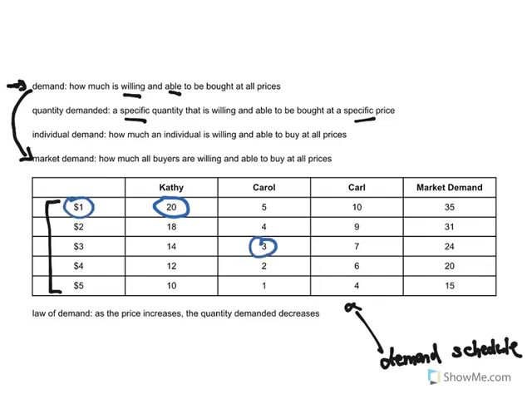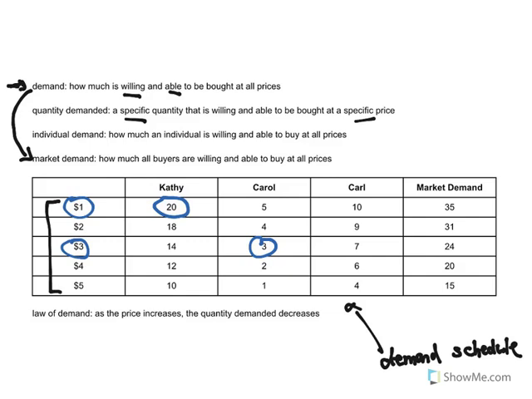Again, this 3 would also be a quantity demanded. It's a specific quantity that Carol is willing and able to buy, 3, at a specific price, $3. In fact, everything in the Kathy, Carol, and Carl columns are all quantities demanded. They're specific quantities that person is willing and able to buy at a specific price.